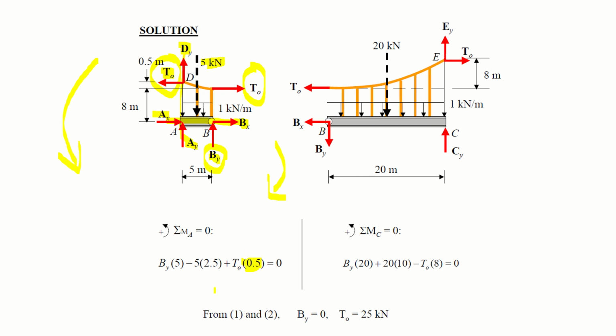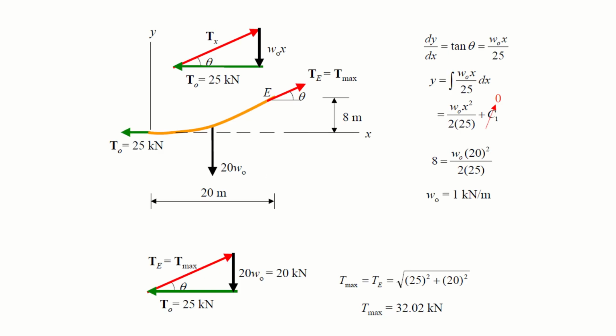So solving this, we will get By is equal to 0, which means that there is no vertical force in it, and T naught is equal to 25 kilonewton. So the tension in the cable is 25 kilonewton.